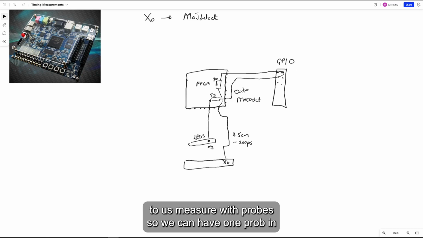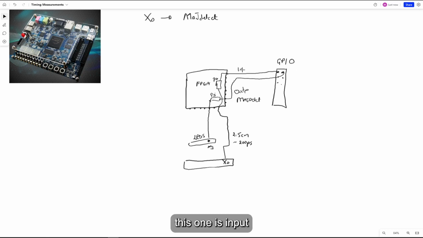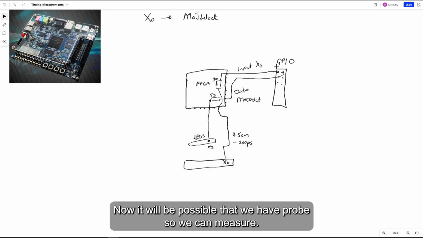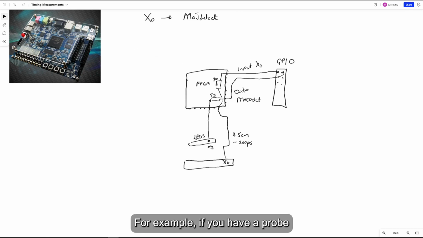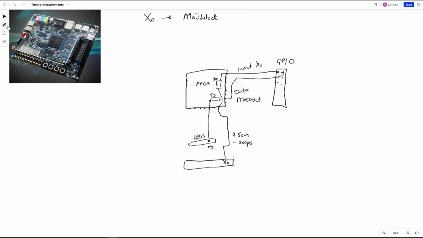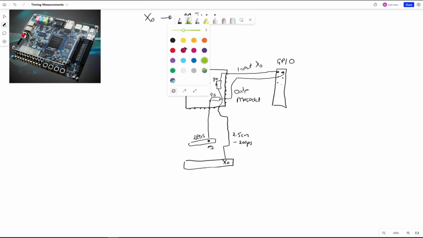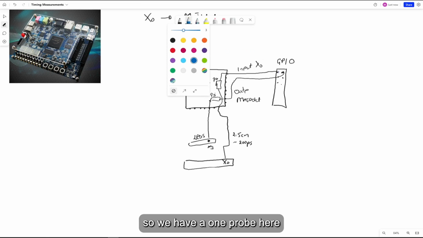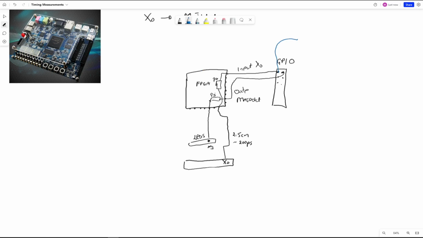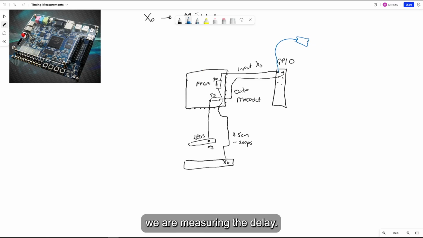So we can have one probe in here. This one is input, which for example is x0. Now it is possible that we have a probe, so we can measure. Let me take another color here. Let's take blue first for inputs. So we have one probe here, and then we're measuring the delay.